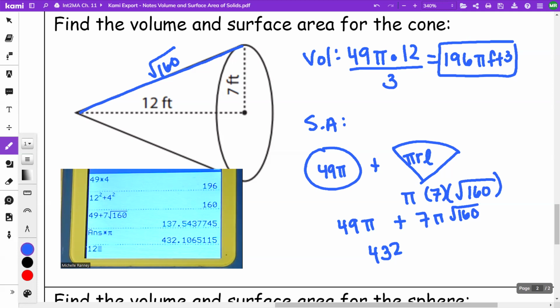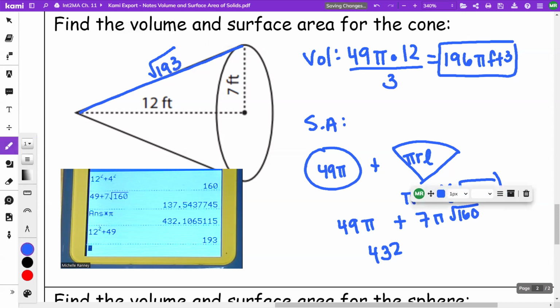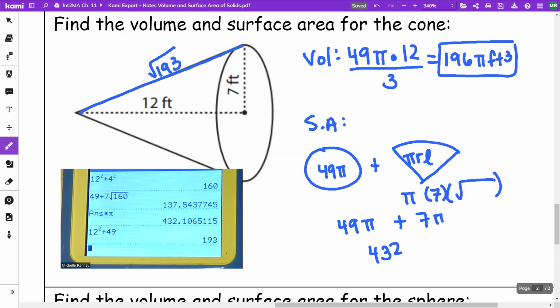So this was 12 squared plus 49, okay, which is 193. So this is going to be 193. That's my mistake. Sorry, 193. So let me put that into my calculator.